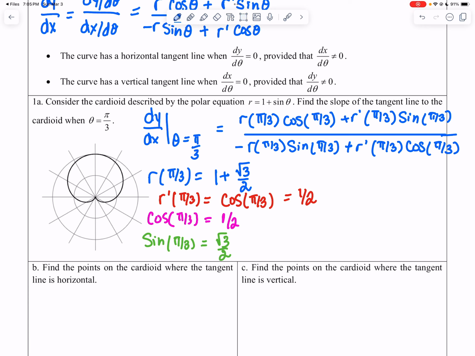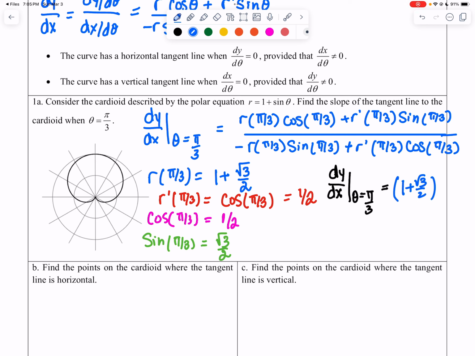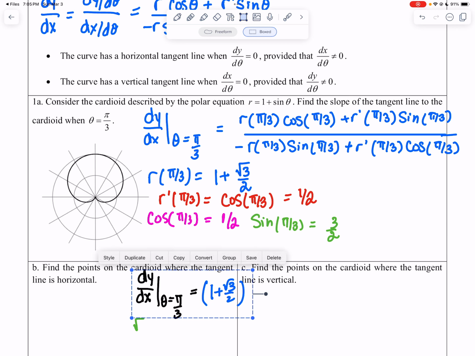Okay, so we're going to sub in everything we know in terms of dy dx. We know that r of pi over 3 is going to be 1 plus root 3 over 2. So that's going to be in blue. Of course, let me condense this a little bit.